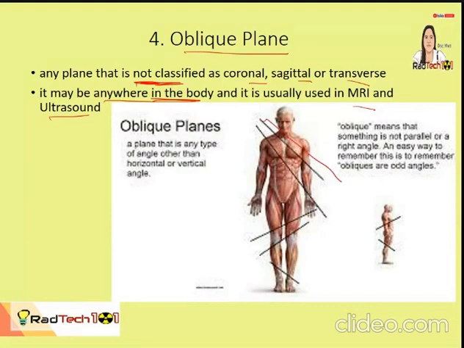So, hindi siya coronal, hindi sagittal, hindi transverse. So, any plane. When we say oblique, so something that is not parallel. When we say parallel, these are parallel lines. So, pag hindi siya parallel sa long axis of the body, that is oblique. Or obliques are also odd angles. So, hindi siya 90 degrees, hindi 180, hindi 360.